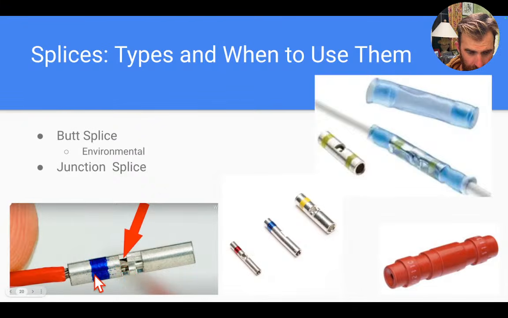Then you would use a tool to crimp the splice in this area, and then you would slide this heat shrinkable tube over the outside of it and shrink it down. Depending on the wire size, you can fit several wires in the barrel or just one wire. So there are different capacities that these splices are rated at.